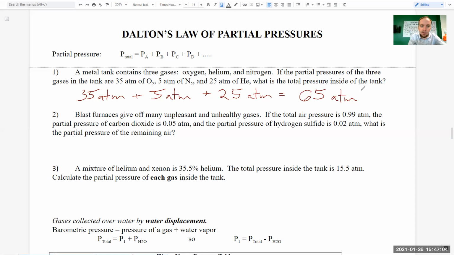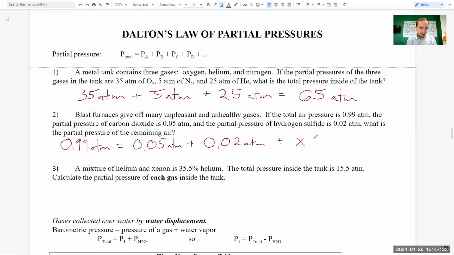To say that another way, we know the total is 0.99 atmospheres, and we know that the carbon dioxide is 0.05 atmospheres. We also know that the hydrogen sulfide is 0.02 atmospheres. So what we're looking for is the remaining amount. Again, all we have to do here is subtract.